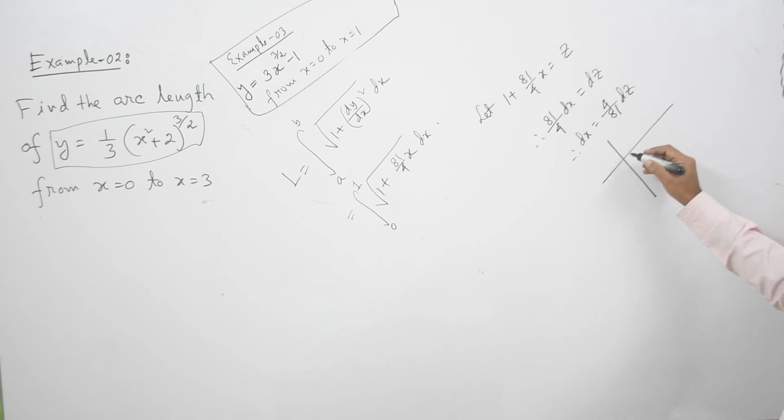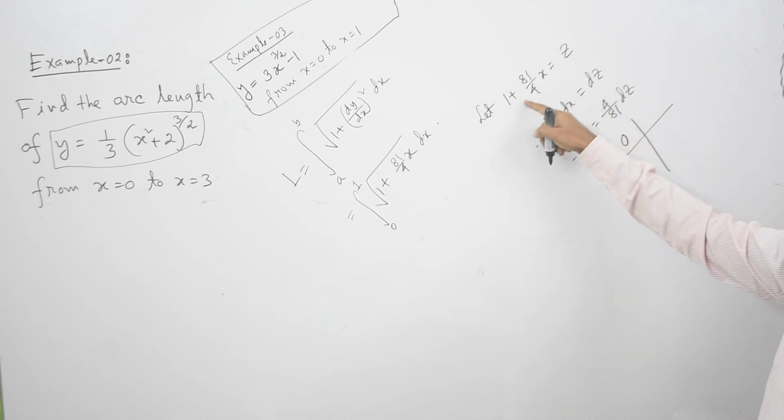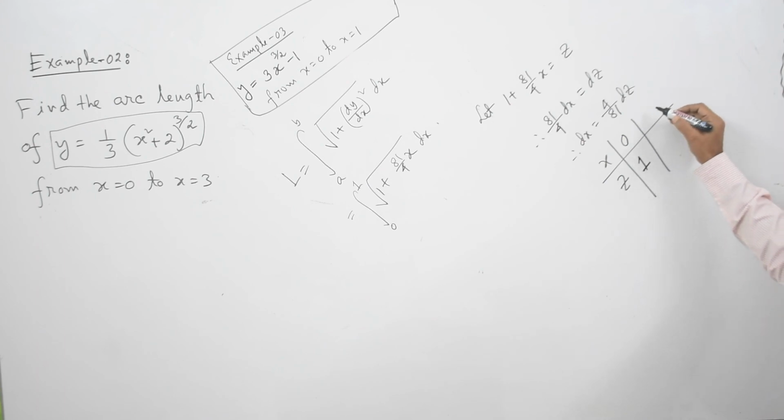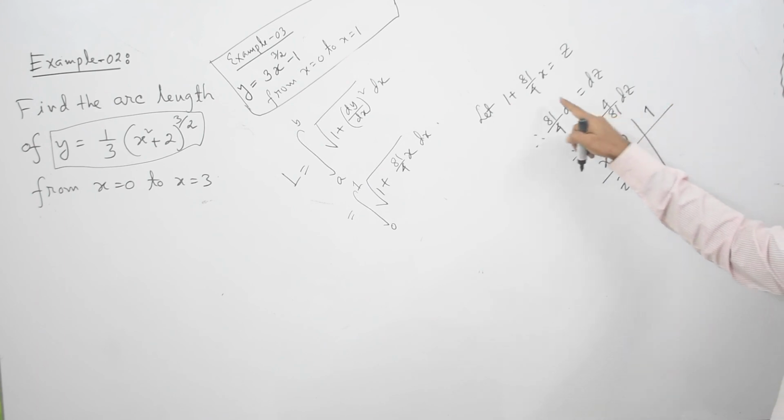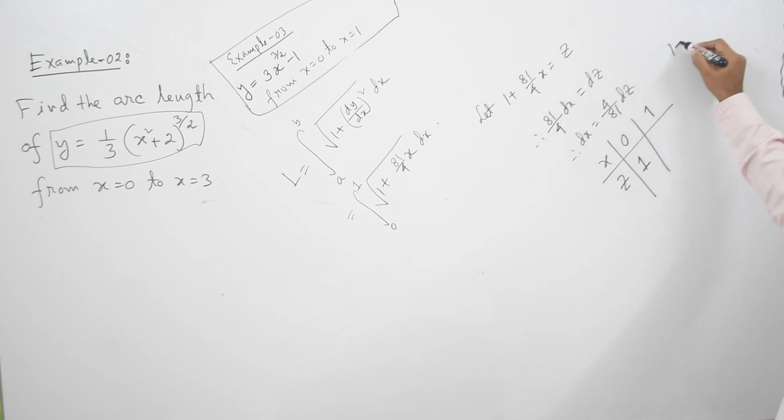And the corresponding value of z will be, when x equal to 0, z will be 1, and when x equal to 1, z will be 1 plus 81 by 4, which is equal 85 by 4.